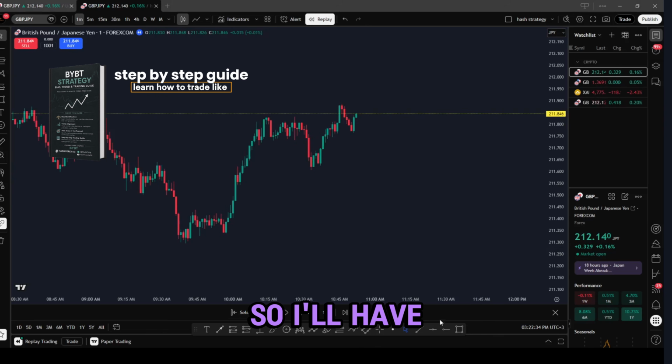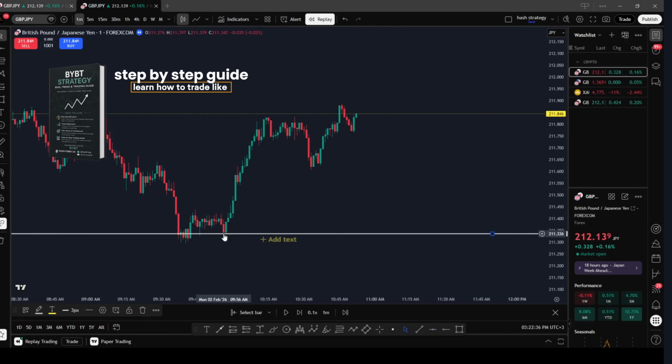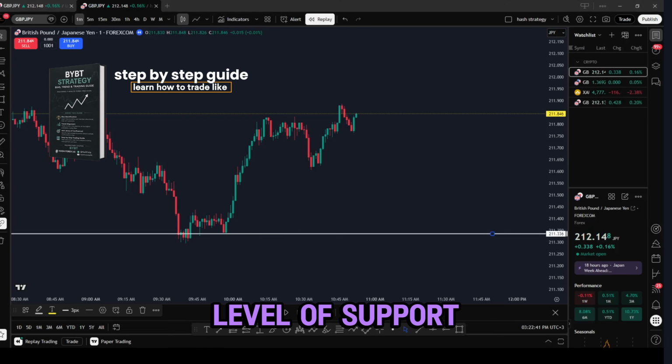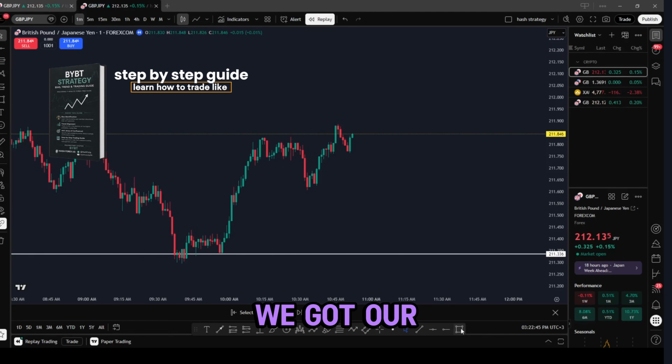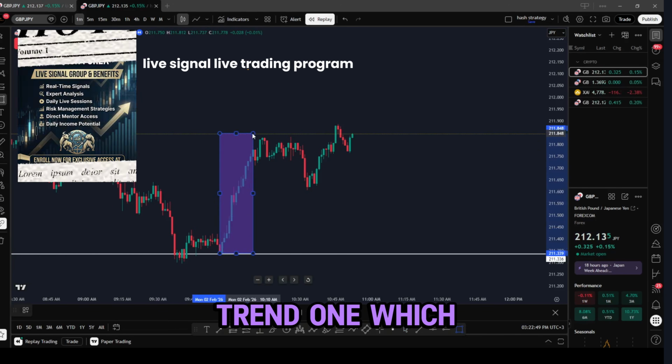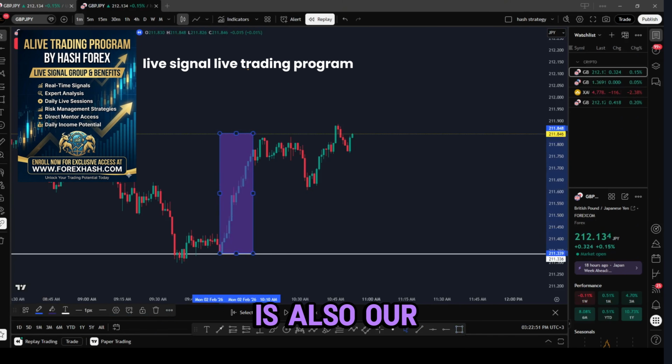So I'll have my level of support drawn here. We had our level of support here, and then we got our trend 1, which is also our impulse. So why is this important?